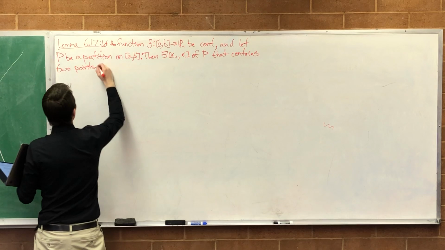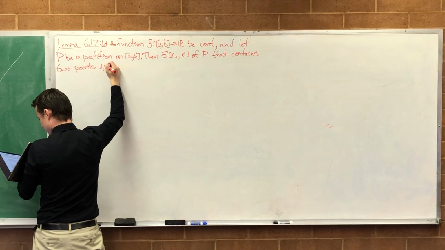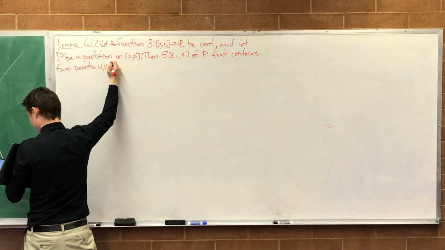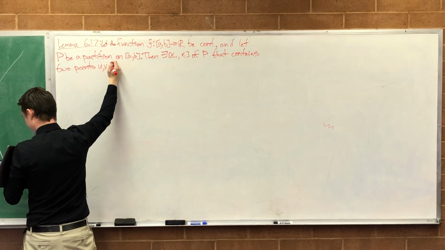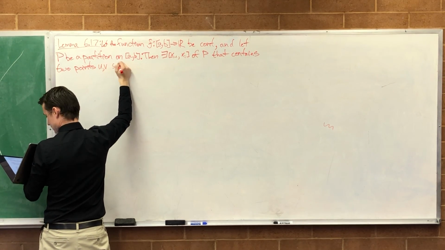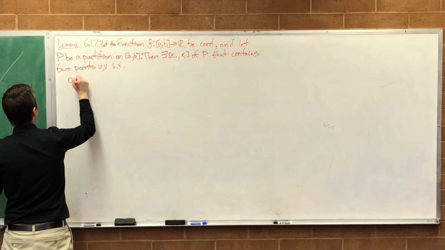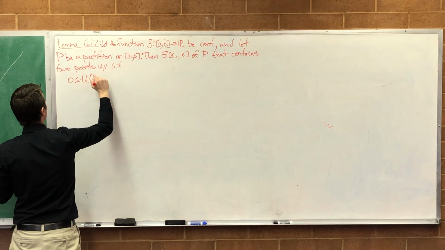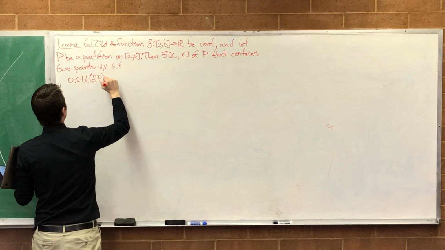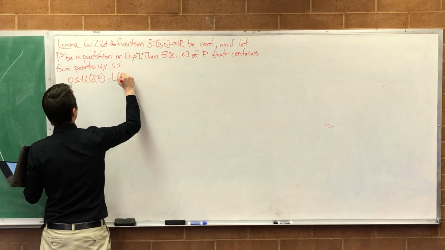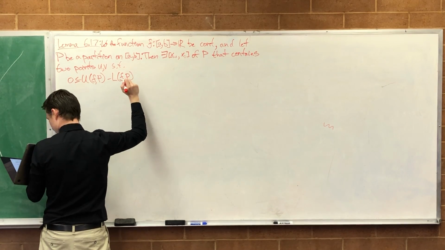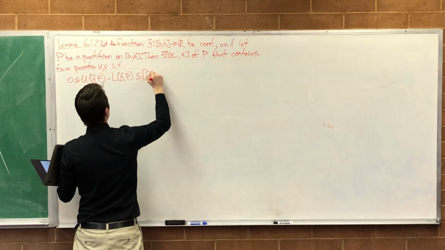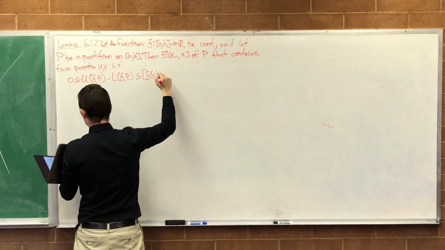And there exist 2 points, u, v, such that 0 is less than or equal to the upper Darboux sum of f on P minus the lower Darboux sum of f on P, which is less than or equal to f of v minus f of u times (b minus a).